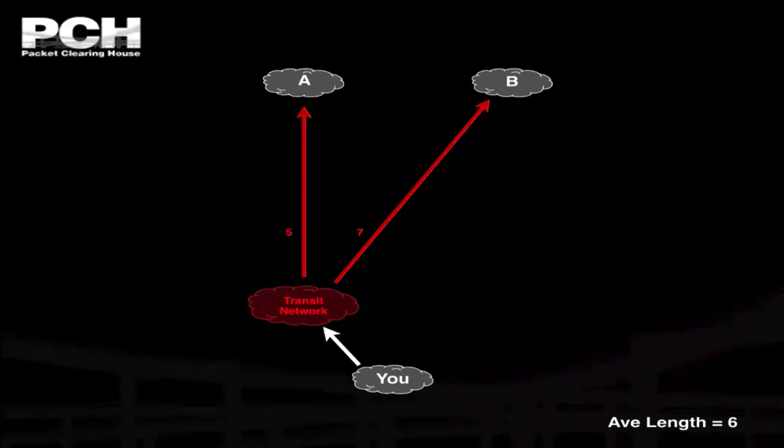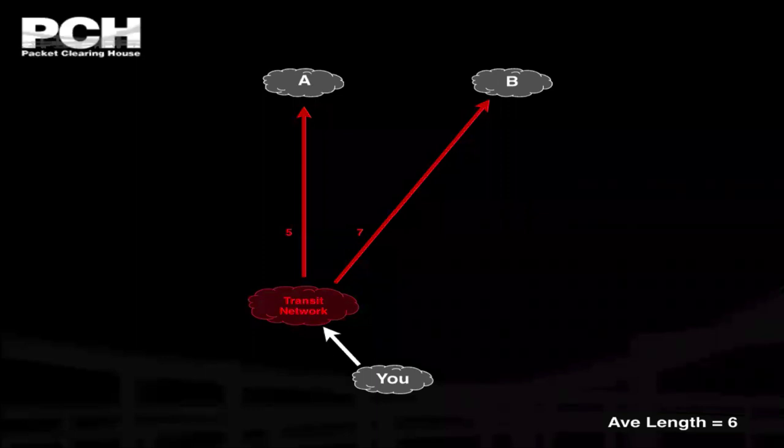Now, a very simplistic understanding of this is that for you to connect to the internet, the average length that the internet's going to be from you is going to be 5 plus 7, which is 12, divided by 2, because we're talking about 2 networks in this case, and that's 6. So the average length for your users to connect to the resources that matter to them on the internet is 6 hops away.